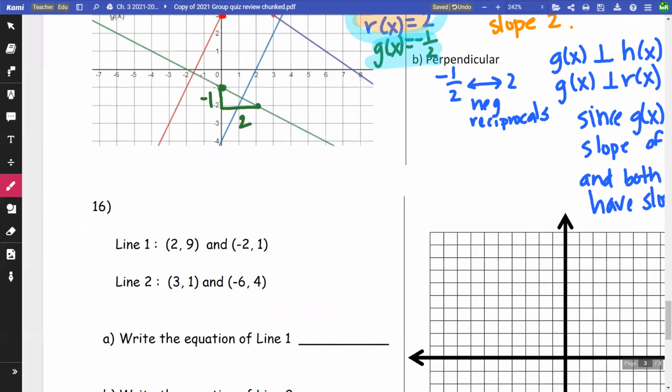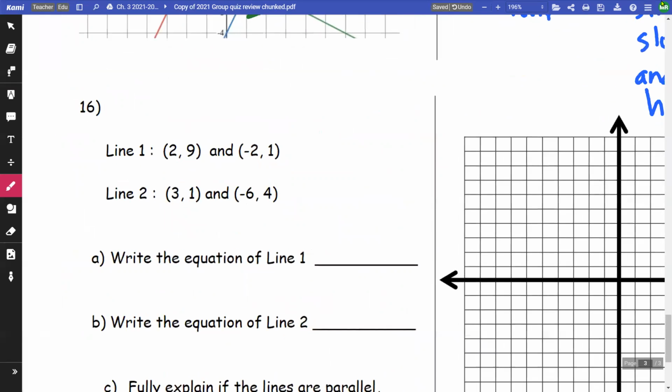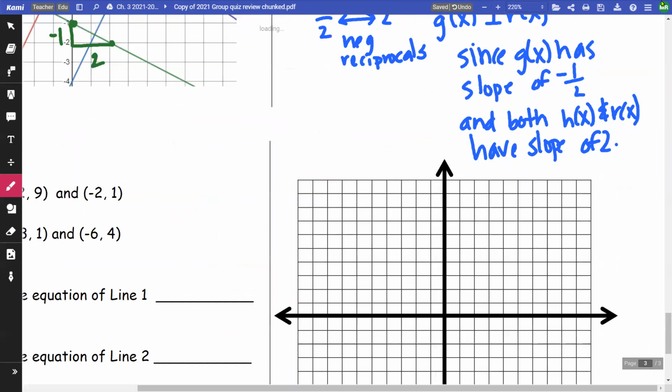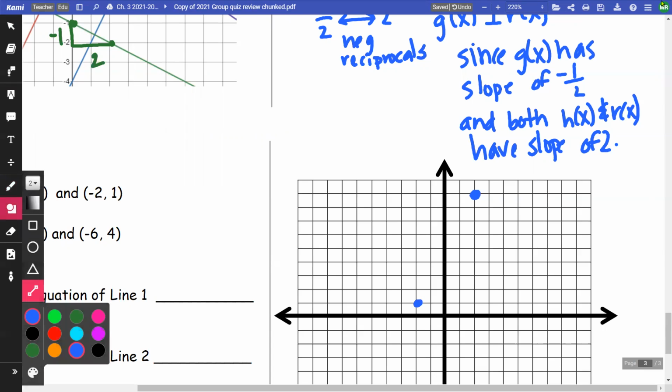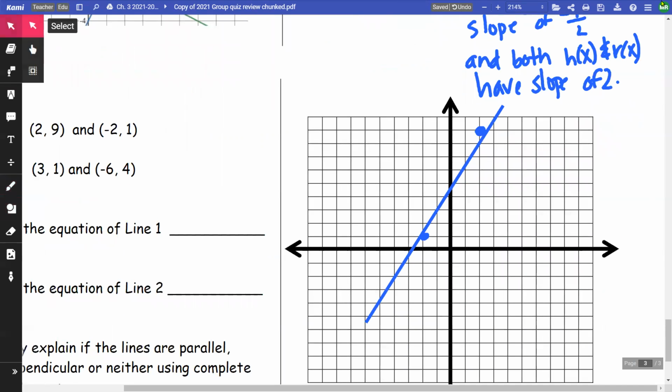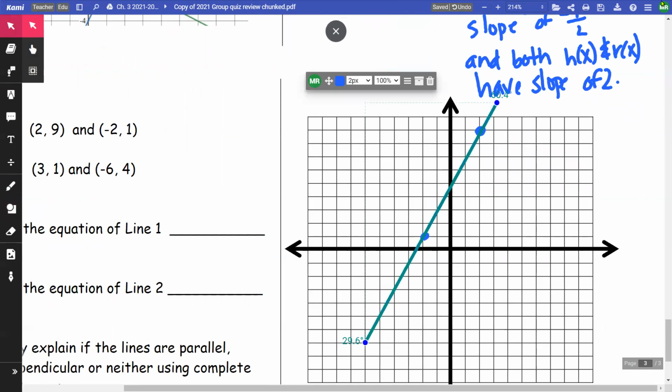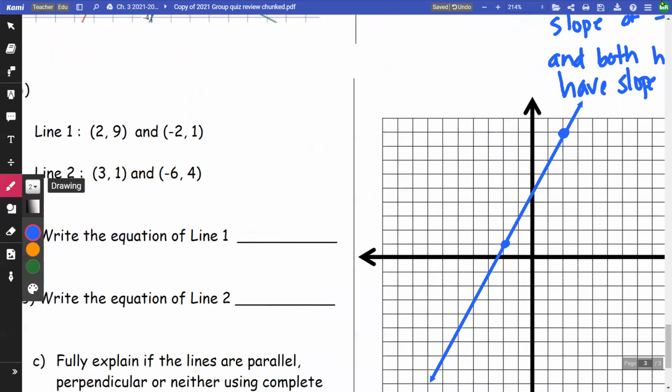Okay. This one here. So if I plot this, I have a point at (2, 9). So 2, 1, 2, 3, 4, 5, 6, 7, 8, 9. So that's 1 point. And a (-2, 1), that's another point. And I'm going to draw my line. And for this, this was line 1.